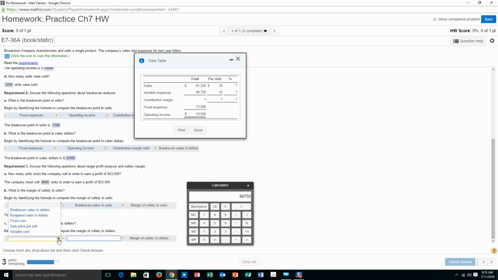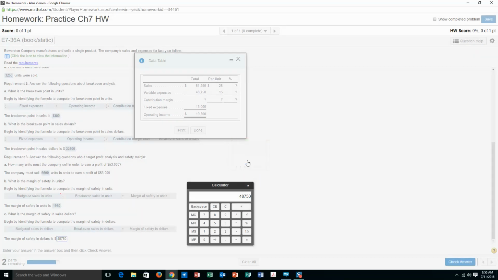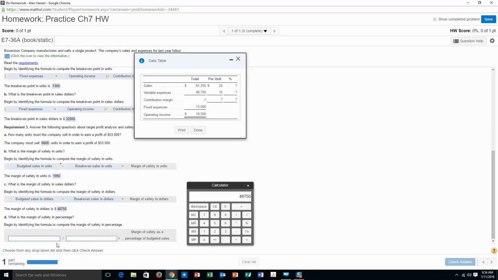I'll put in the formula real fast: this is the budgeted sales in dollars minus the break-even sales in dollars. This time it worked, which is a little interesting. The amount then is $48,750. One last part to this: identify and compute the margin of safety as a percentage.